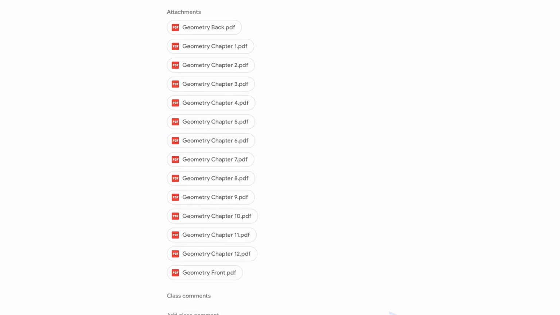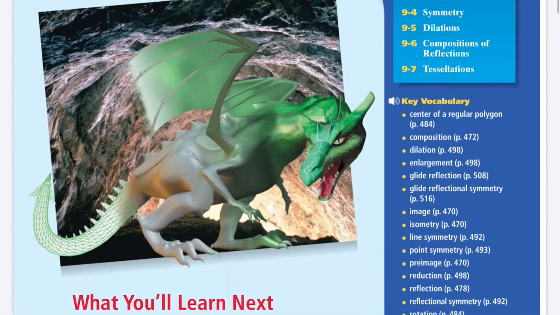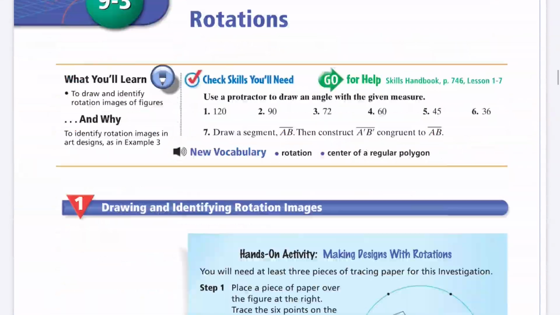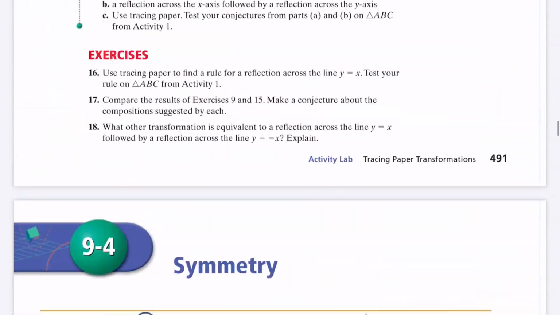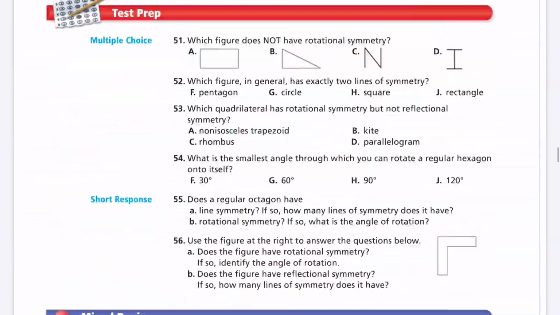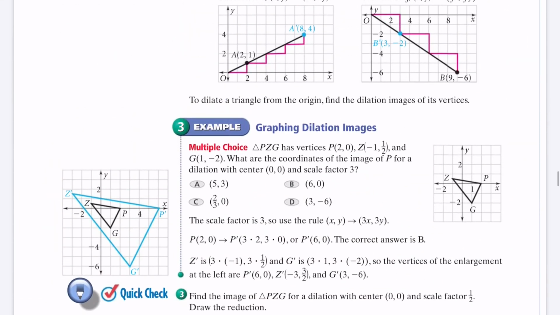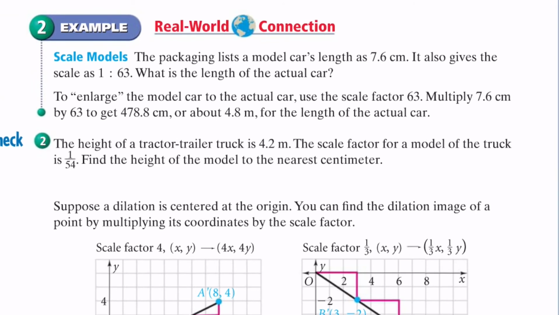That's chapter 9.5. Model car. 4.8 meters.